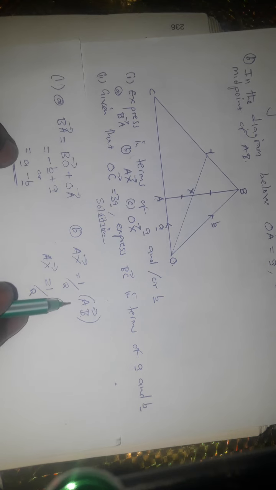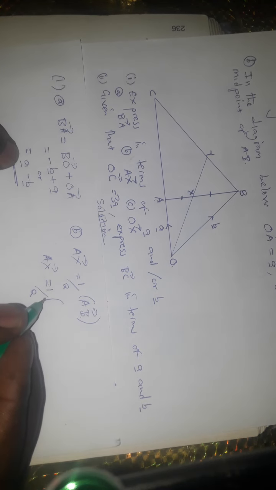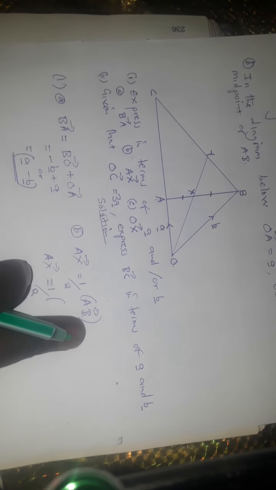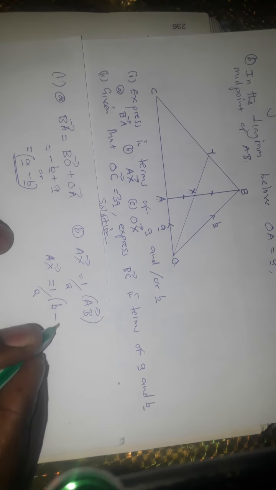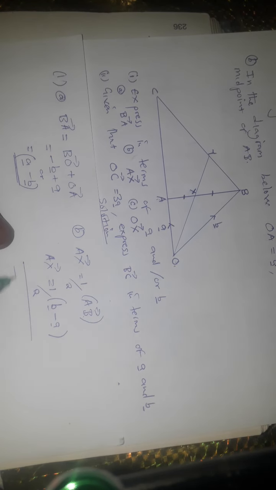So if it is in the opposite direction, then it is going to attract a negative to what we have here for AB. So our AB will be B minus A, the vector B minus A. Okay, that is the solution for part B.